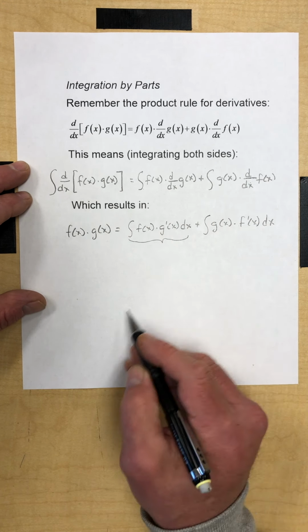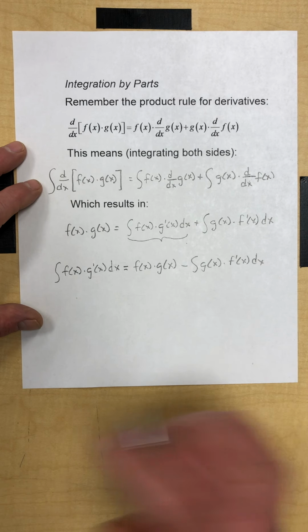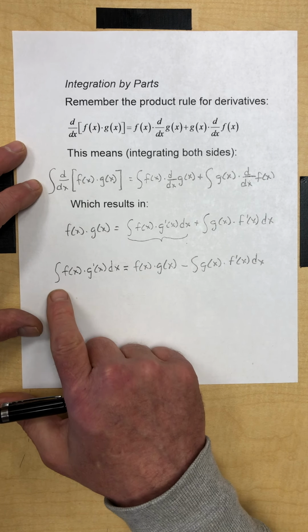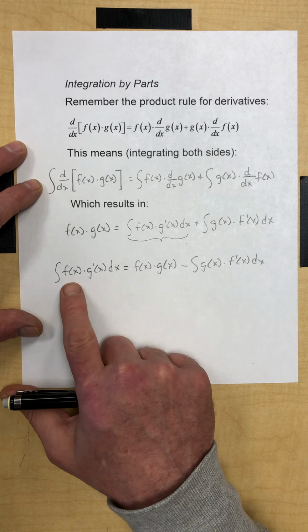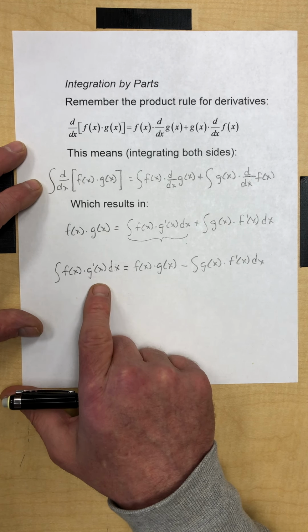Now this is somewhat confusing to look at, I'll be honest with you, because what we have to be dealing with is an integral of a product of two functions, and one of those functions, g prime, has to be the derivative of another function. This one we know is obviously just f of x.